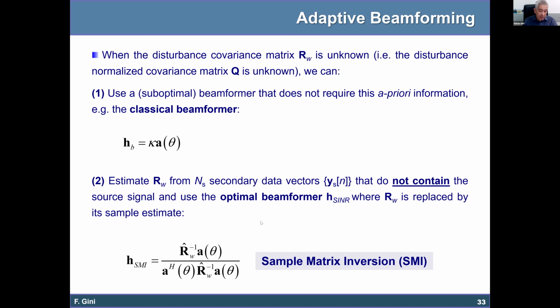This adaptive version of the optimal beamformer sometimes is called sample matrix inversion beamformer, SMI beamformer.